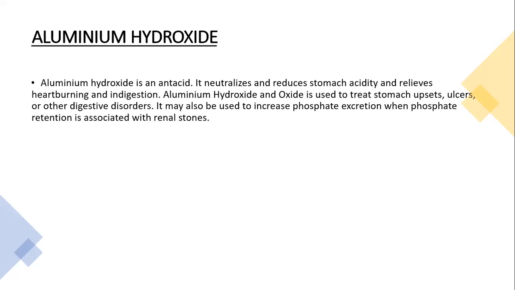Basically it is basic or alkaline in nature, and it is used to neutralize the acidity in the stomach, which may be increased due to increased H plus ion concentration or excessive HCl secretion, which leads to the sensation of heartburn and indigestion. This antacid increases the concentration of hydroxide ions that react with the H plus and bring the pH back to the normal stomach pH.